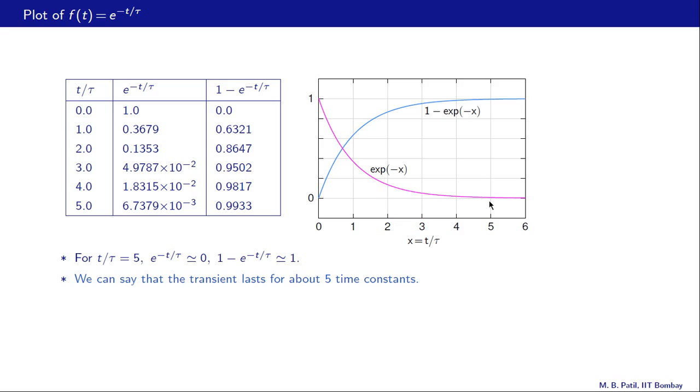And after about 5 time constants, that is after t by tau equal to 5, we see that this function becomes approximately equal to 0 and will stay at 0 thereafter. Similarly, 1 minus f of t, that is 1 minus e raised to minus t by tau, starts off at 0 and eventually it becomes equal to 1 after about 5 time constants.